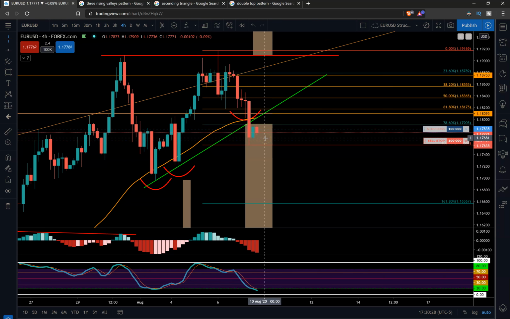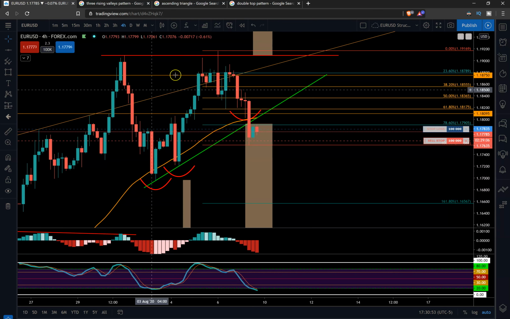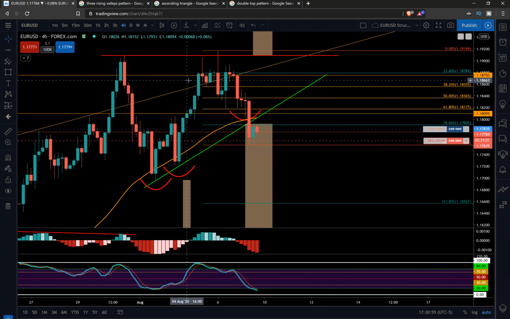So what I don't want to do on a sell order is put my sell order up here and the price continues to go up and stops me out. What I want is for the price to fall into my sell order. I want the price to commit. If the price is saying this is a reversal pattern and the price is reversing, we're just going to be falling down. I want it to fall to me, I want it to fall into my sell order.